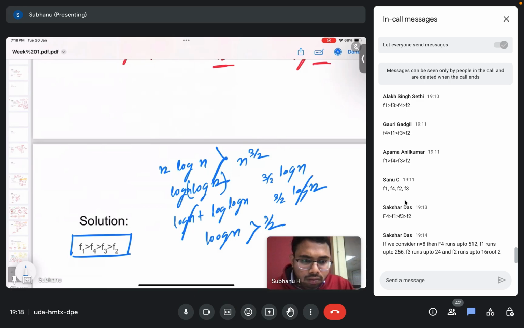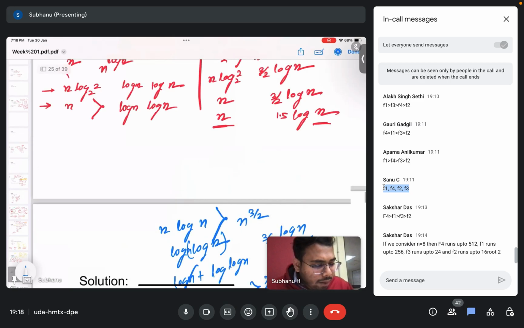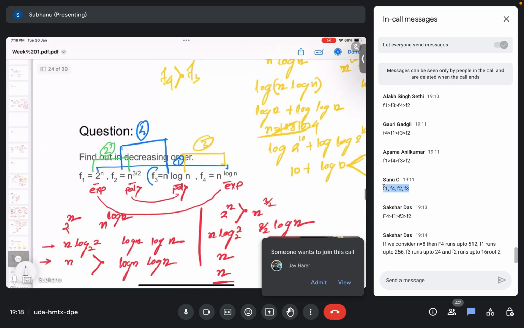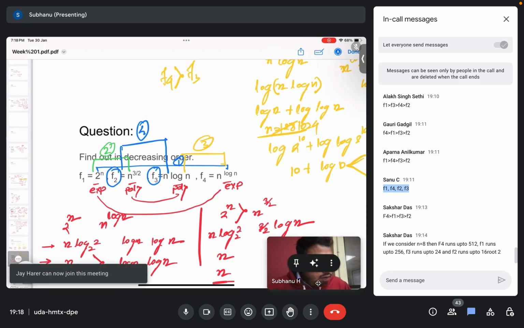That F3 and F2, F2 is greater, right? So can you explain? Because n root n, n raised to 3 by 2 is n root n, right? F3 and F2. F2 is n to the power 3 by 2, n into square root of n.